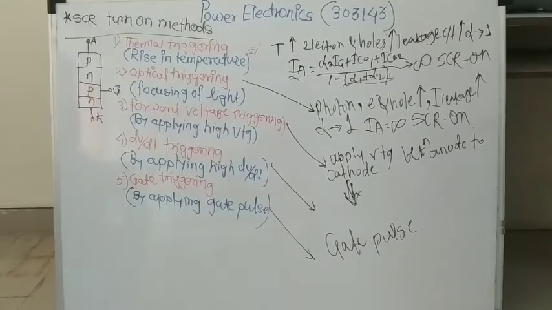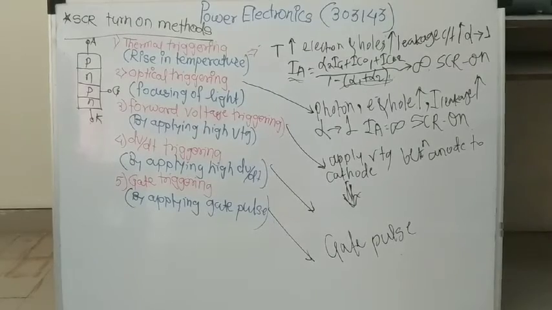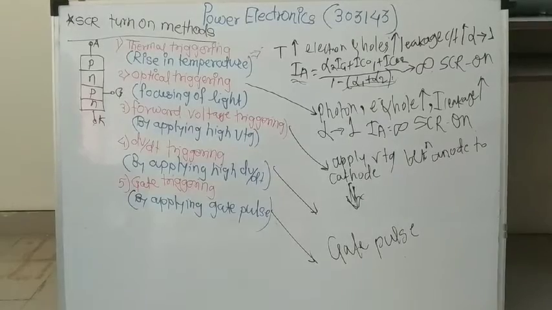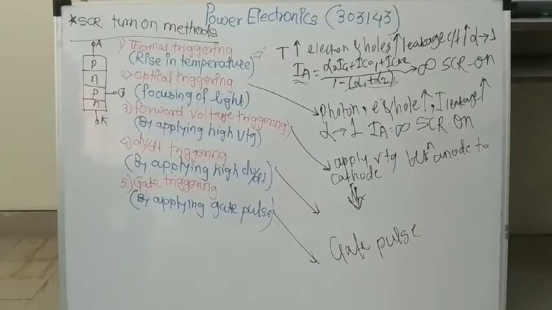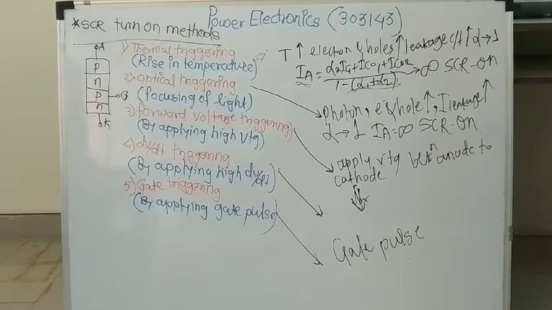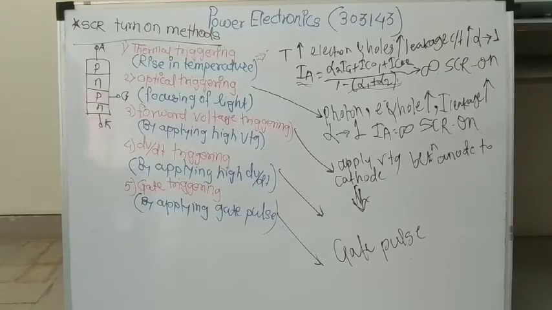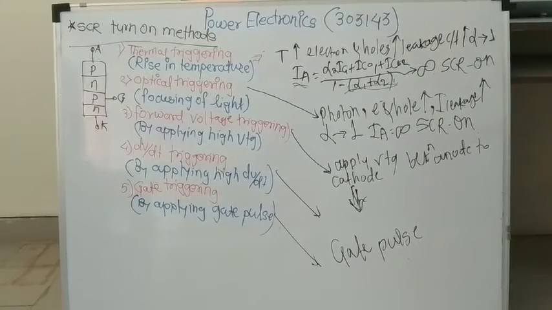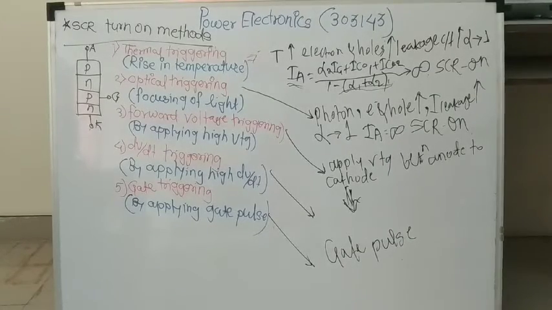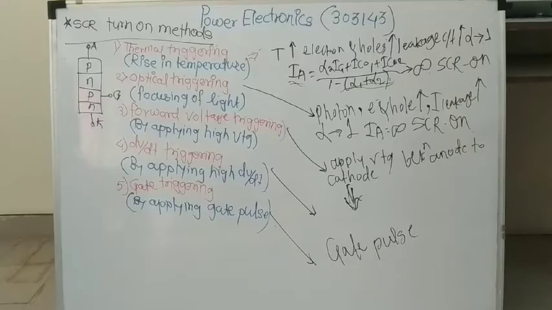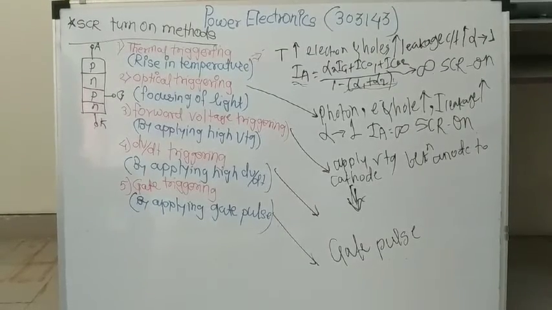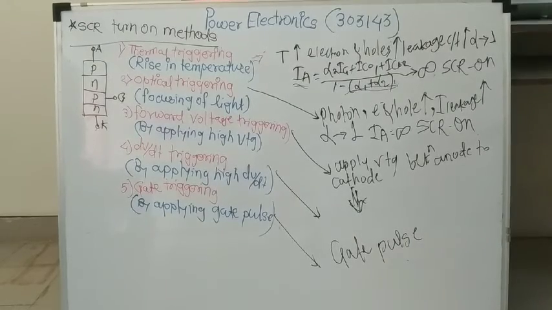What happens due to this connection? Junction J2 of the SCR is in reverse bias when we connect the battery between anode and cathode. But by also connecting the battery at the gate, the gate pulse helps junction J2 break the depletion layer present in it very easily, so the turning on becomes simple and easy.